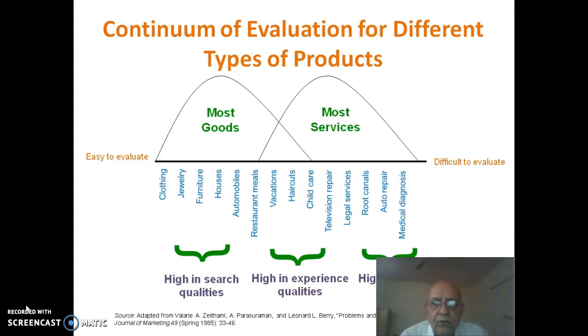And this person who is evaluating the product, who's saying it is either good or bad, or putting an index on the product quality, that has to be a person whom we regard as somebody higher than us in terms of knowledge, and whose quality judgment we will accept. So these are high in credence quality, these things.